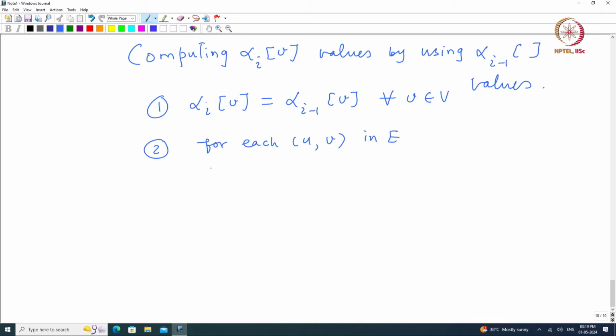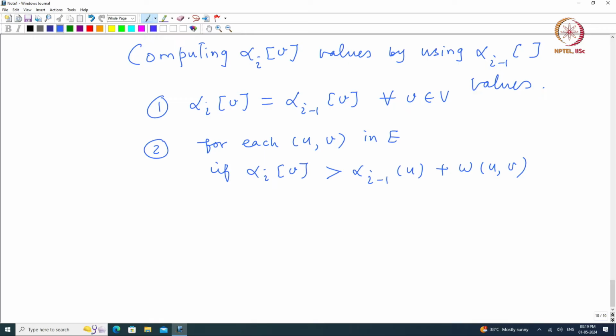if alpha i v is greater than alpha i minus 1 u plus weight of uv, that is, you have found a smaller value. Because you have found a smaller value, you have to update it to the smaller value. That is the way to find the minimum. The way in which we find a minimum is we keep scanning the values.